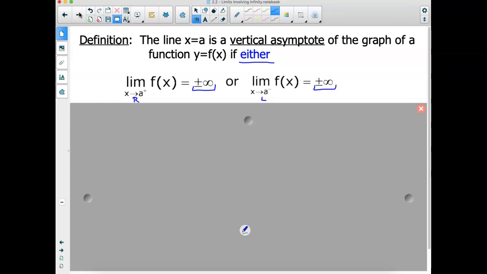That is the definition of a vertical asymptote, okay? Do not forget left side minus, right side plus, okay?